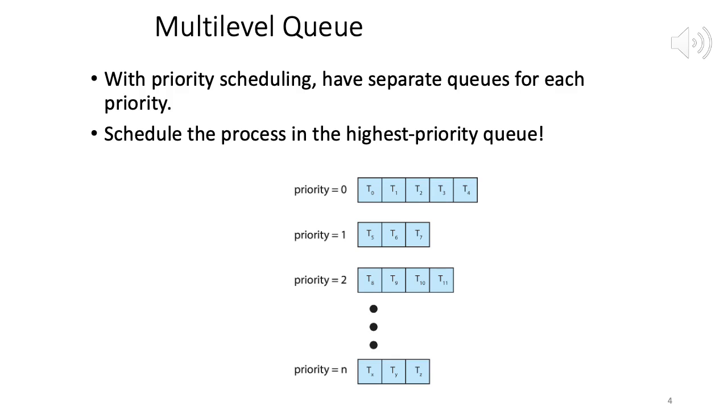So for each priority level we have a separate queue with a number of tasks in it. Okay, so given a set of processes, you identify that these 5 processes are the most important, put them at 0. Then you identify these 3 processes are next most important, so level 1. Then these 4 come below, at level 2.